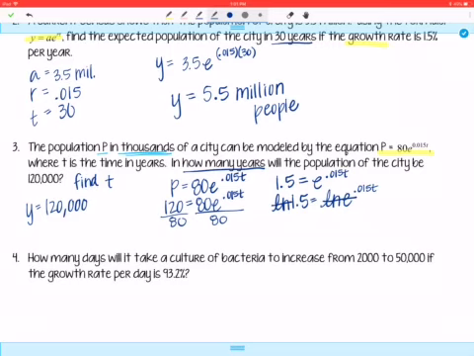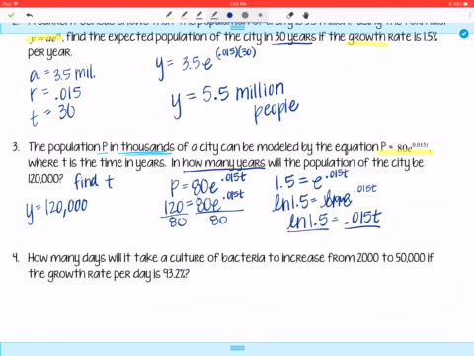Oh, I'm sorry. Well, back up. Made a mistake. Forget what I just said. The ln of the E cancels, but not on both sides. So now you have the natural log of 1.5 is equal to this.